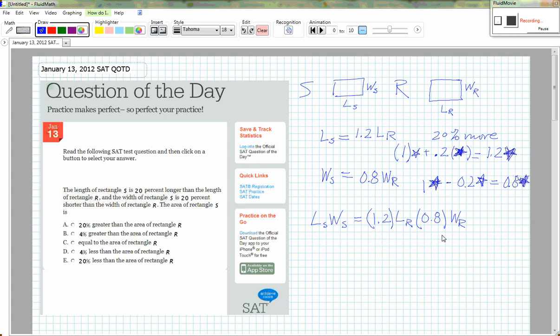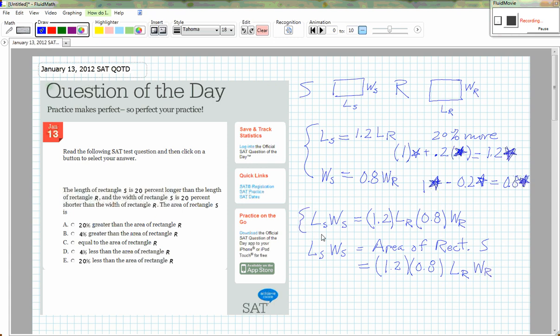If you multiply this out, you should see that the length of rectangle S times the width of rectangle S, which is the area of rectangle S, call it rect S, equals 1.2 times 0.8 times the length of rectangle R times the width of rectangle R. So remember, these came from the words.